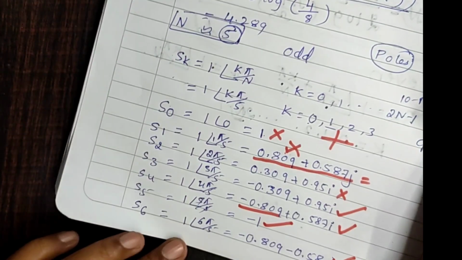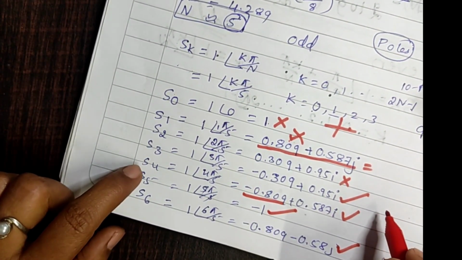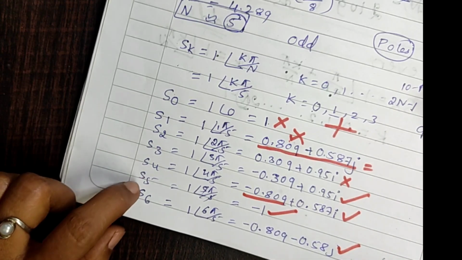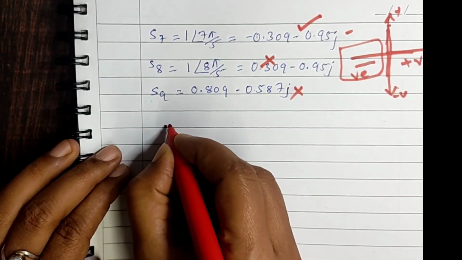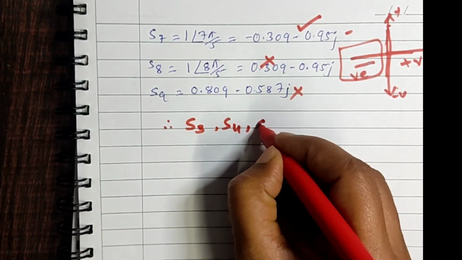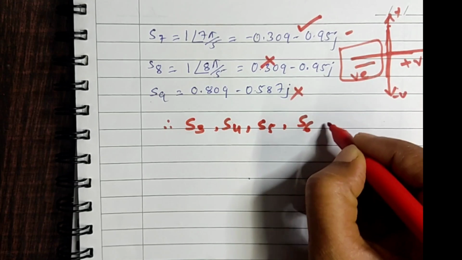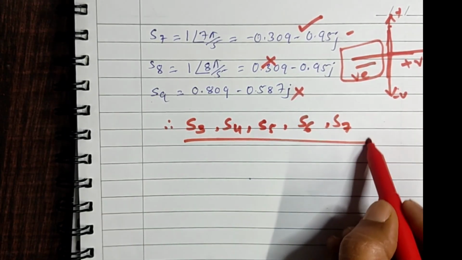Therefore, how many poles do we have? Here we have S3, S4, S5, S6 and S7. These are the poles which we are going to consider.